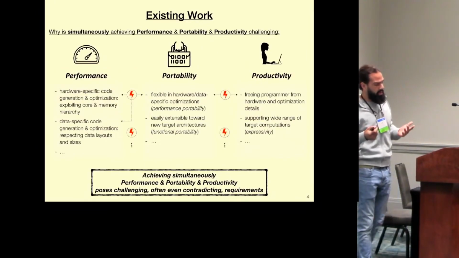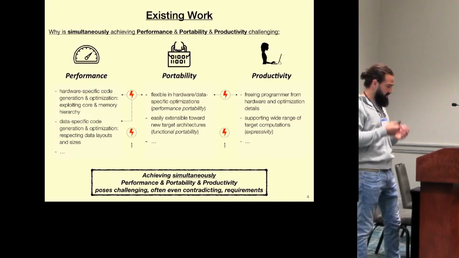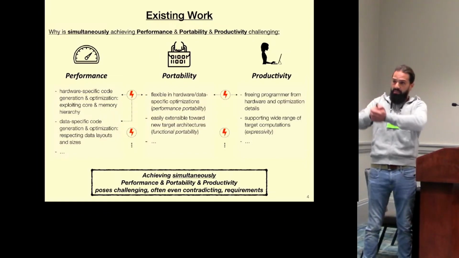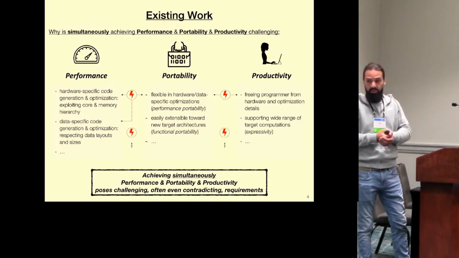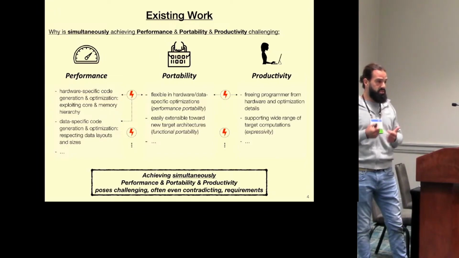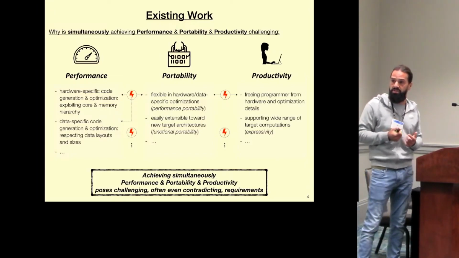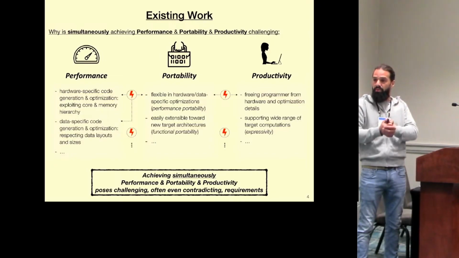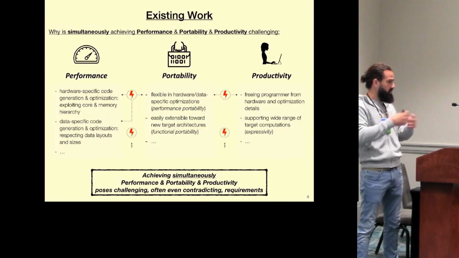So the question might be: why is it so challenging to achieve performance, portability, and productivity simultaneously? For high performance, we need hardware-specific and data-specific code optimizations. We have to efficiently explore the core hierarchies and memory hierarchies of architectures, and we have to respect data layouts, data sizes, and so on.